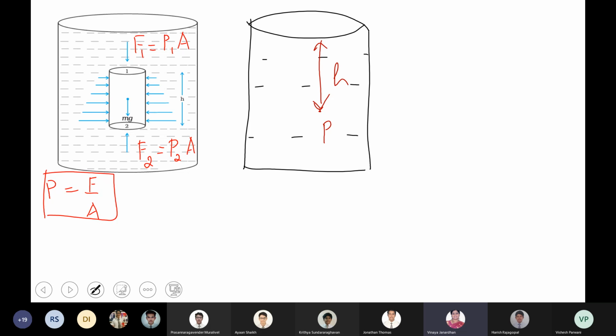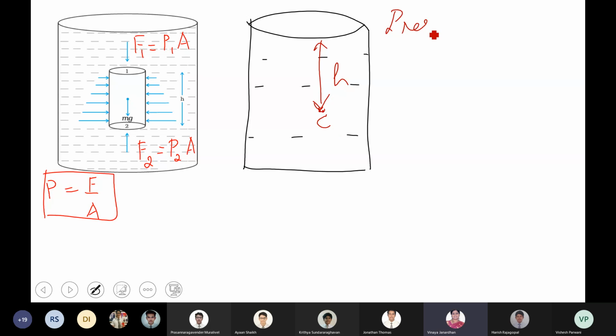Now, let me consider a liquid in a container. Suppose I want to find the pressure at point C, well within the liquid column, which is at a depth of h below the surface. Are you clear, boys? That is your derivation.